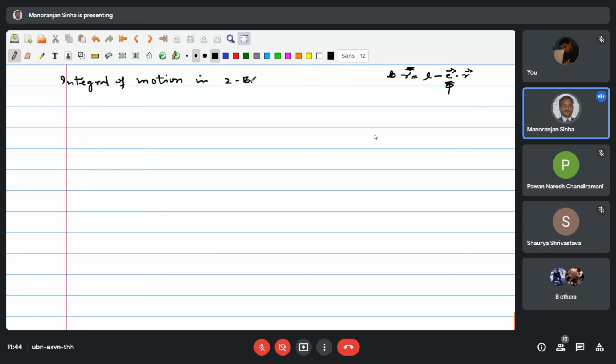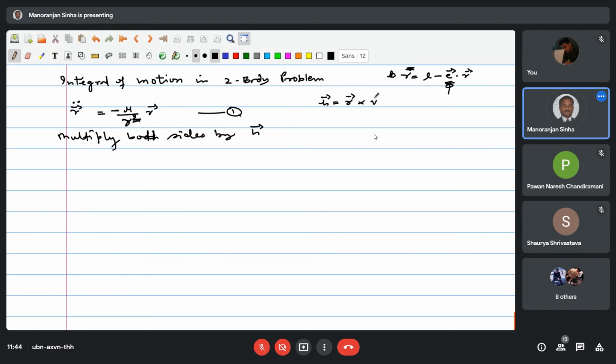In the two-body problem, in the reduced form, we have written it like this: r double dot equals minus mu by r cube times r. Multiply both sides by the h vector, which is the angular momentum vector, h equal to r cross v.